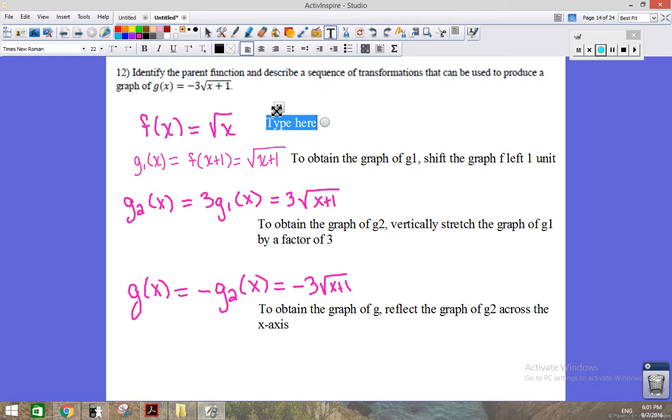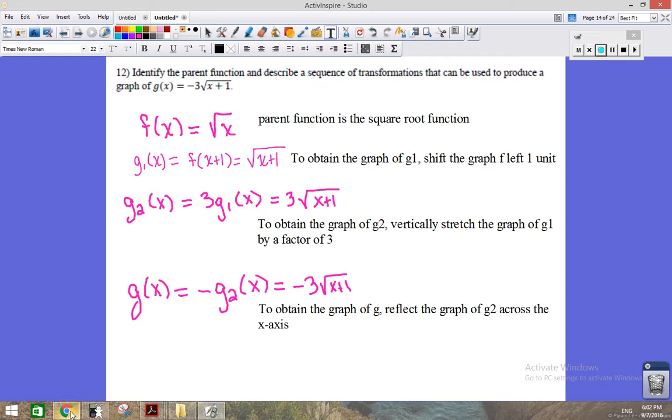All right, so this parent function is the square root function. Now again, like my problem number 11, if you didn't watch that video, I'm going to jump over to the Desmos graphing calculator to illustrate that I've done this correctly.